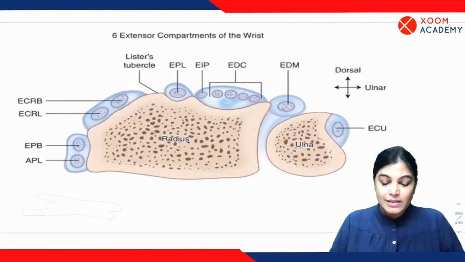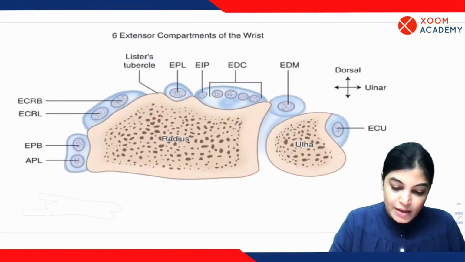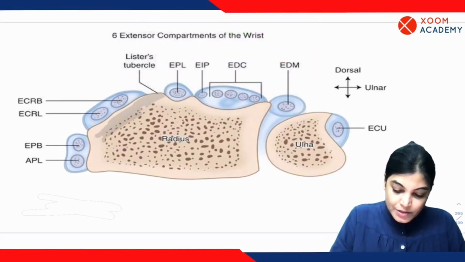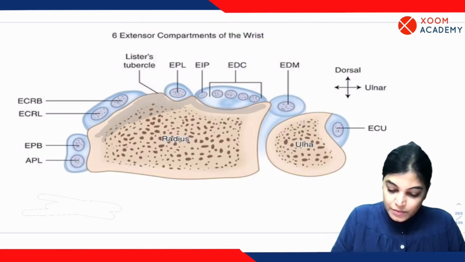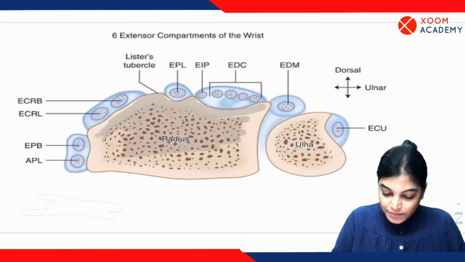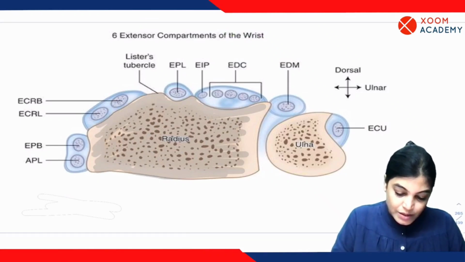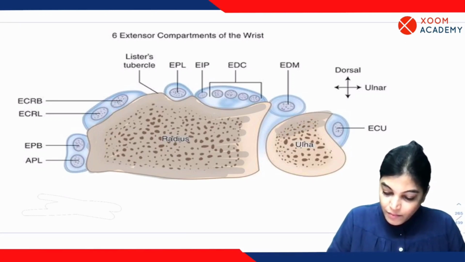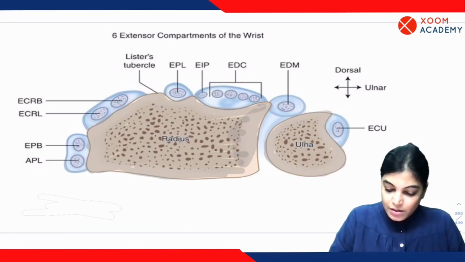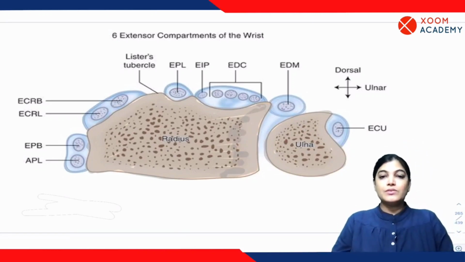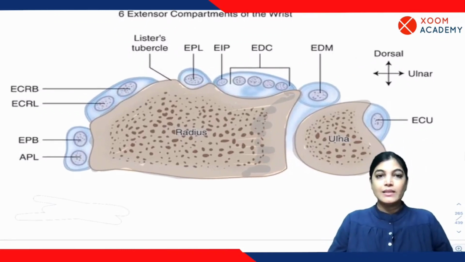See here, this is the transverse section in which you can clearly see the cut end of the radius and the ulna, which has been shown to you. So, here we can clearly define the radius and the ulnar bone. Let me slightly enlarge this image.